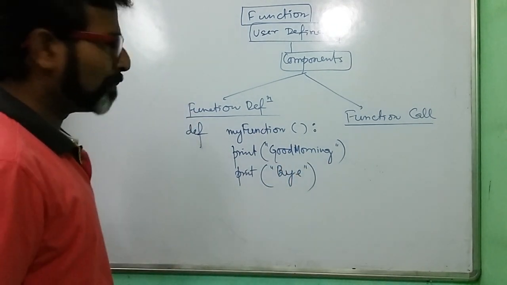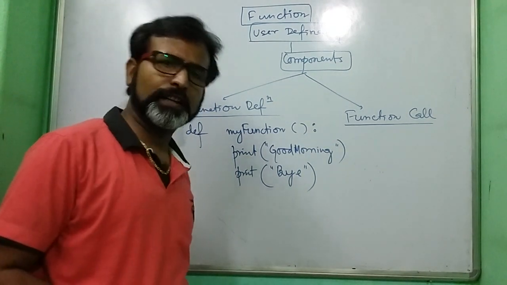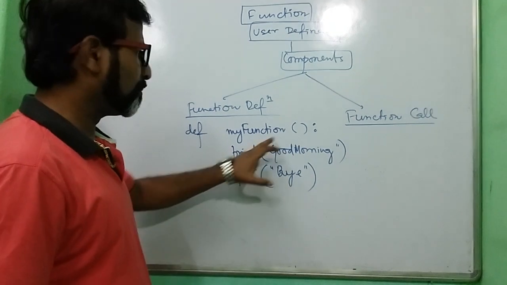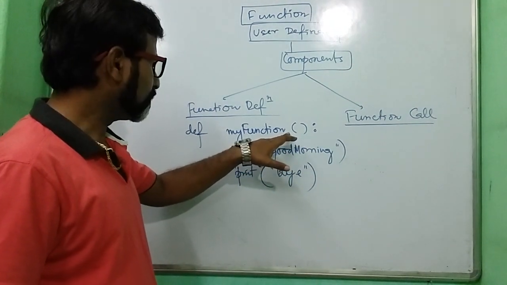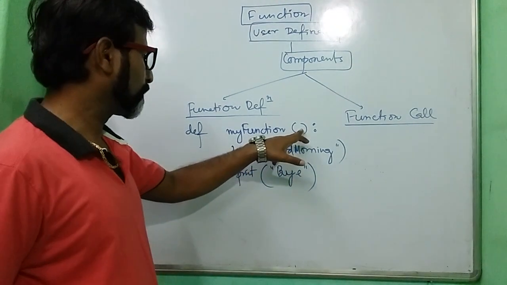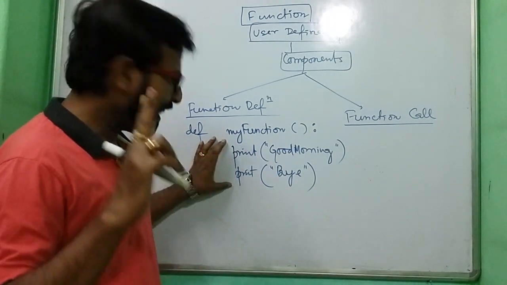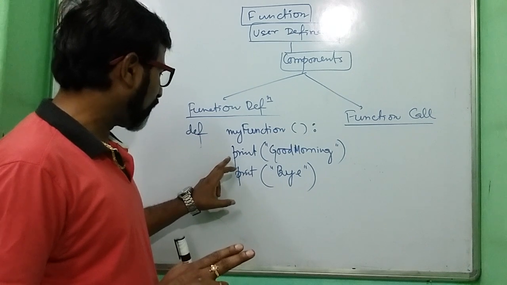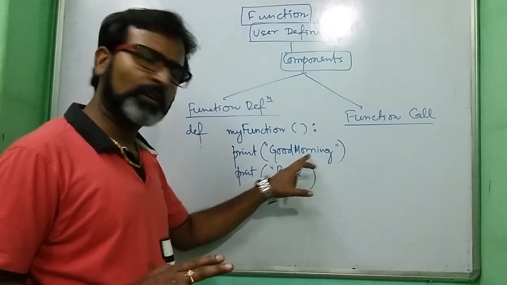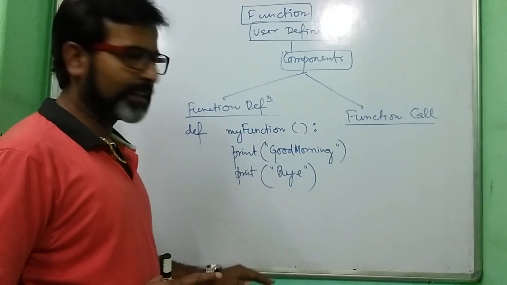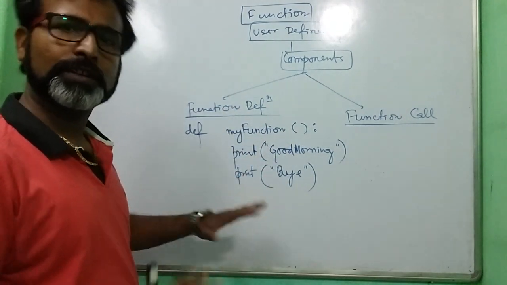So this is a simple way of defining a function. That means what is going to happen: a function called my function will be created with no argument, and the function body will have two lines. First line it will print good morning, second line it will print bye. It creates this function. So this is the function definition done.